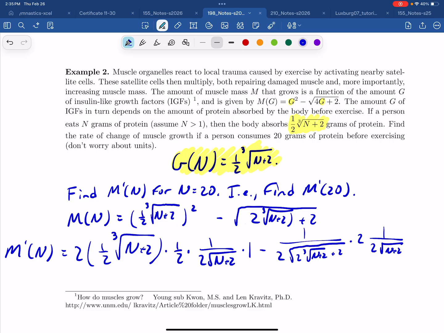The plus 2 is going to go away. I guess these guys cancel. So I guess we're left with this lovely equation. We also have certain things that cancel out, like that and that. But yeah, that's our derivative. And then we would plug in n equals 20. And I will leave that to you.